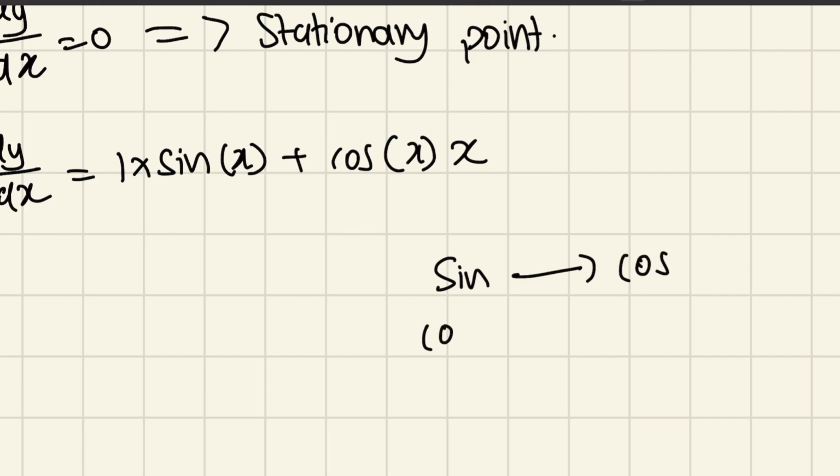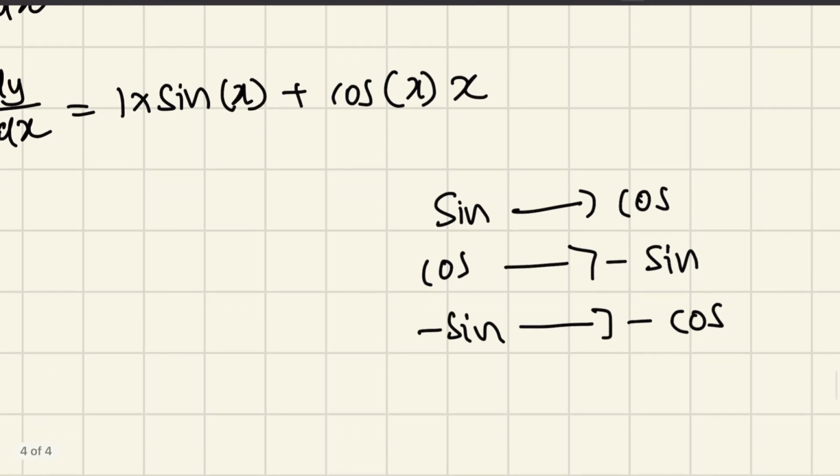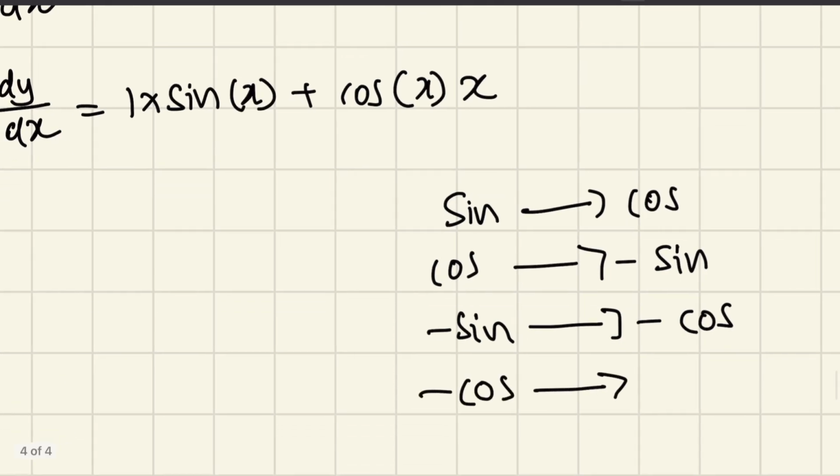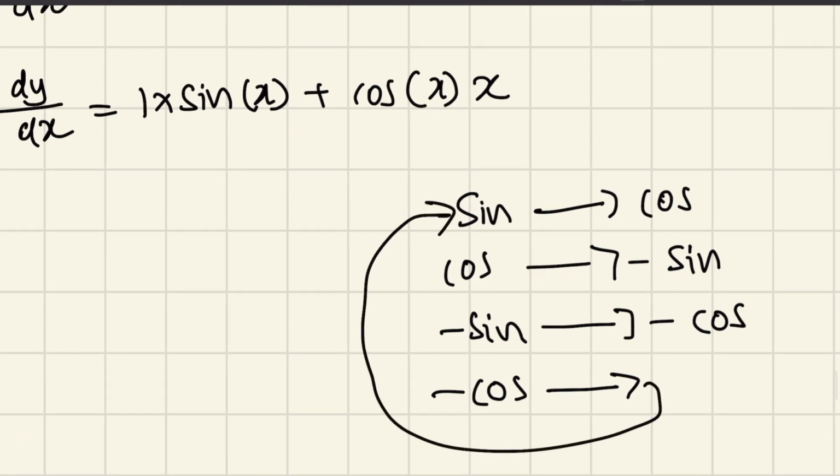Cos differentiated goes to negative sine. Negative sine differentiated goes to negative cos, and negative cos differentiated goes back to sine, and the cycle repeats, and the cycle then continues. So that's an easy way to remember it.